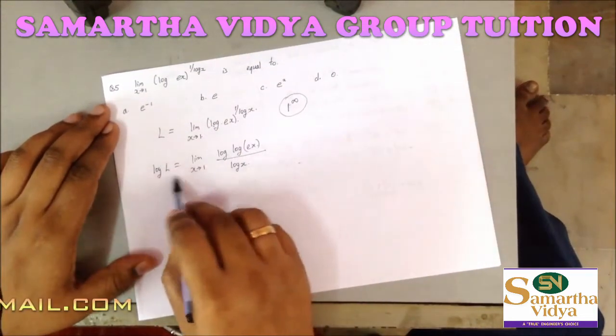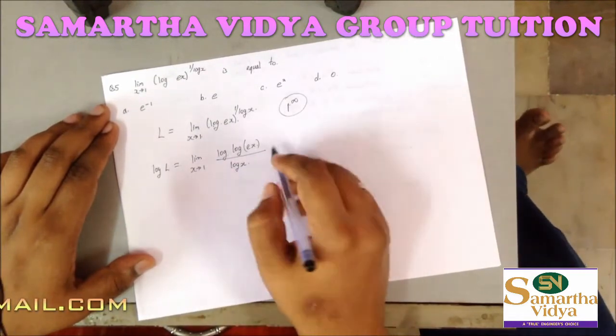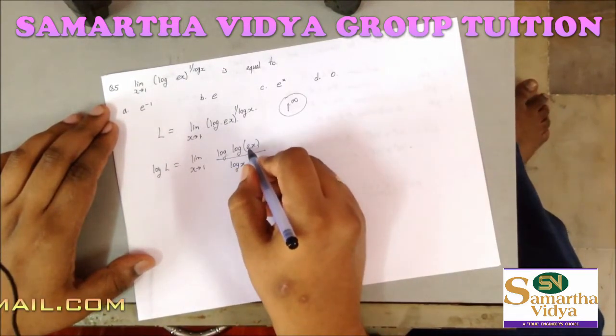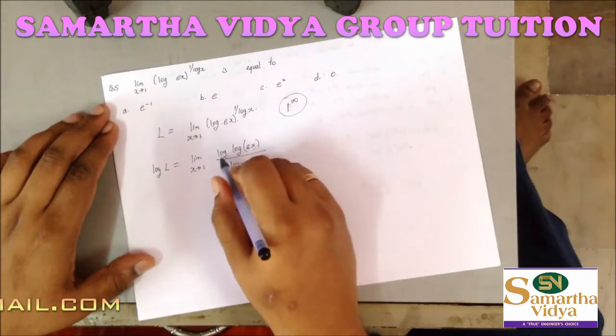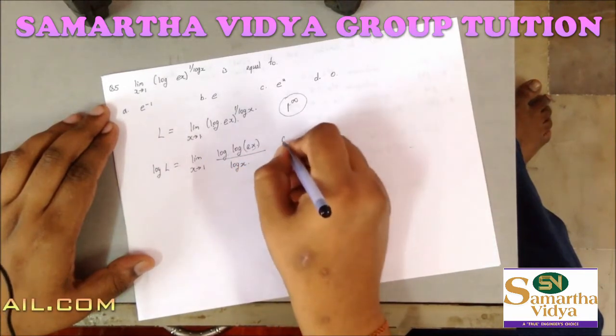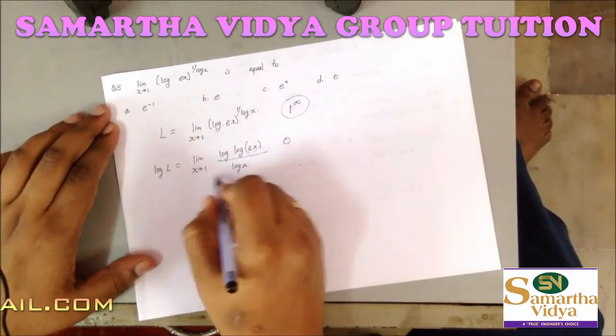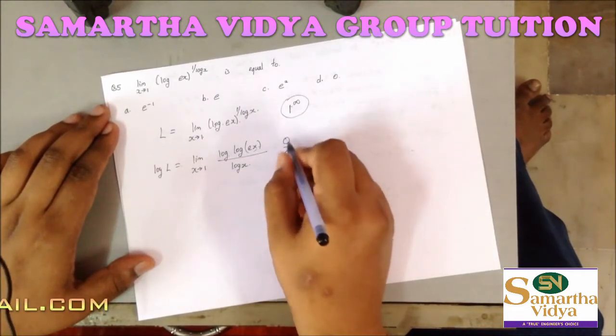Because of this, what happens basically is, now if I substitute x as 1, you can see that we have e present over here. So log of e is 1, and again we have a log, so log of 1 is basically 0. So we have a 0 in the numerator. Now here if I just substitute 1, log 1 is 0. So you can see it's 0 by 0.